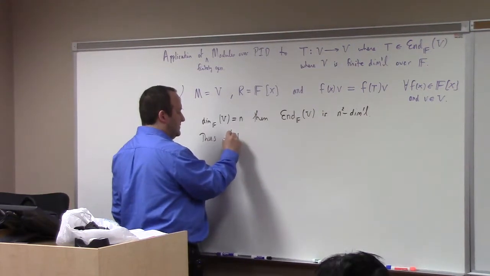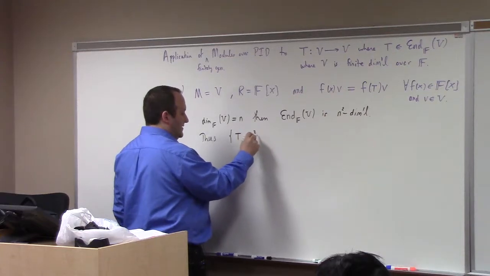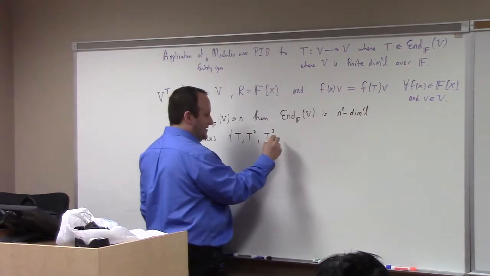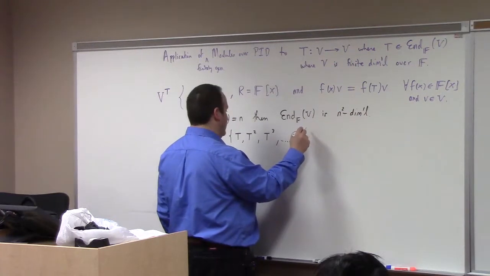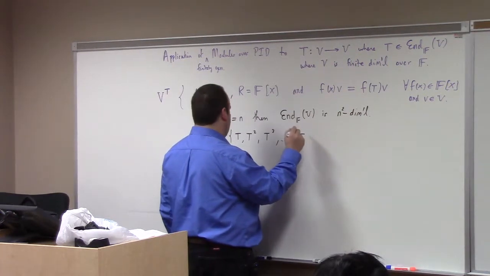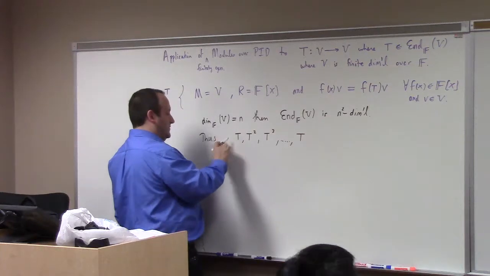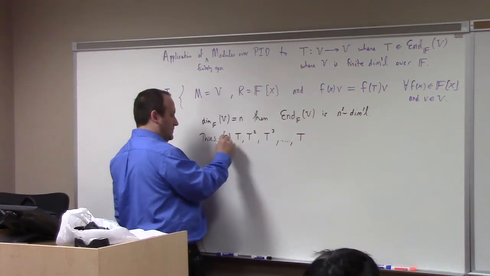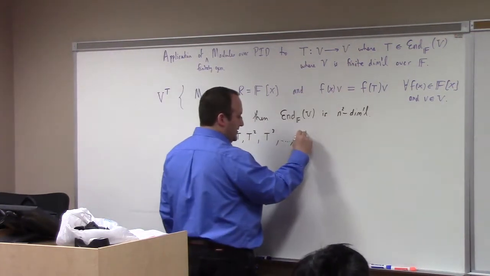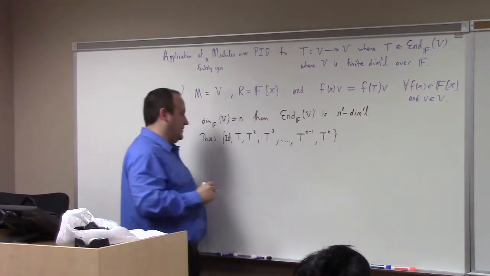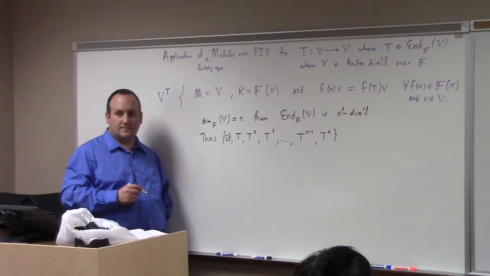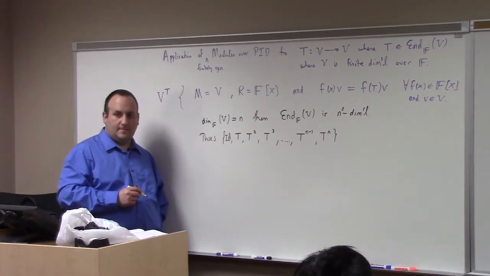Well, T, T squared, T cubed, and I guess we could throw in the identity down here, T to the n minus 1, T to the n. What can you say about that? Assuming T is not the identity transformation, of course.